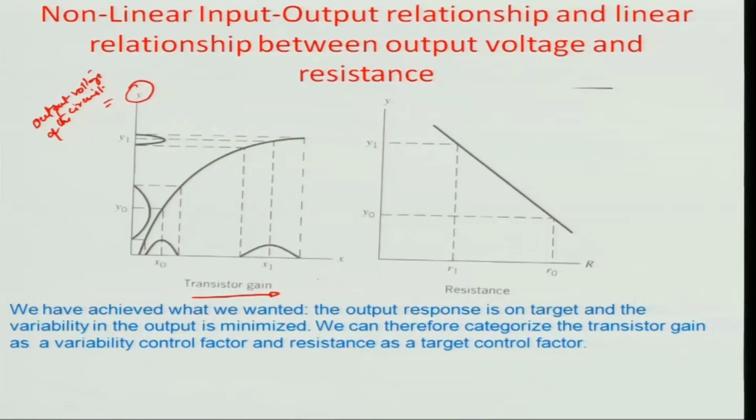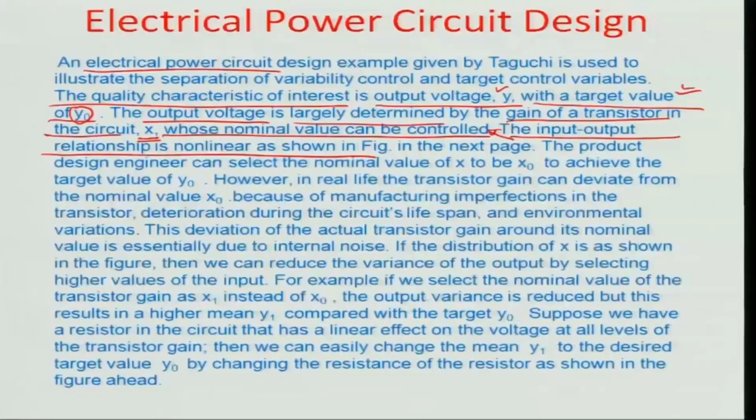Okay, so this is the gain voltage, and you can vary, as you can see, in a non-linear manner, Y versus the gain voltage X. The product design engineer can select the nominal value of X to be X0 to achieve a target value of Y0.